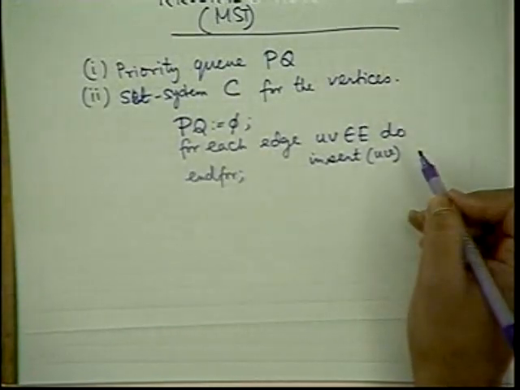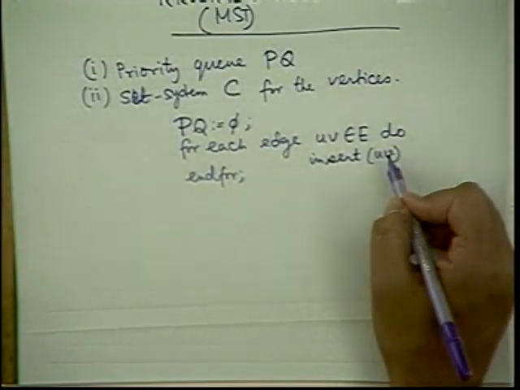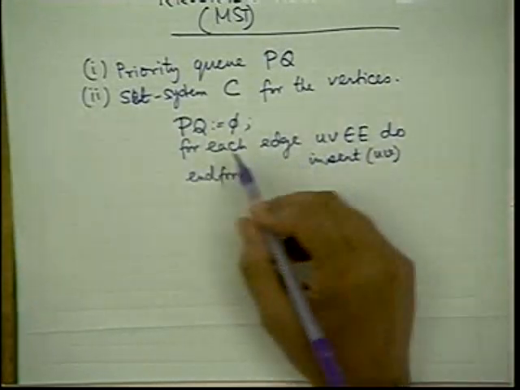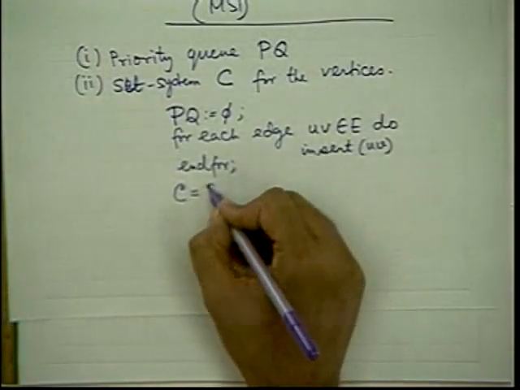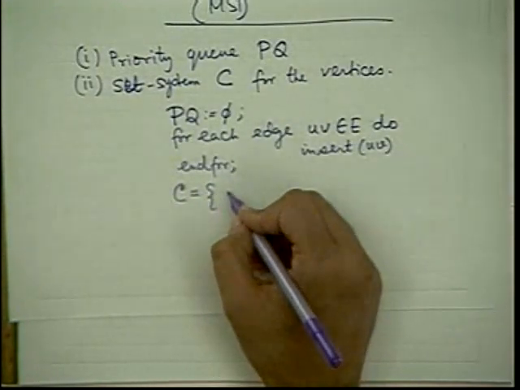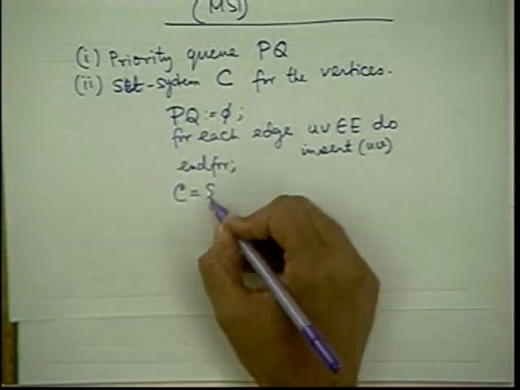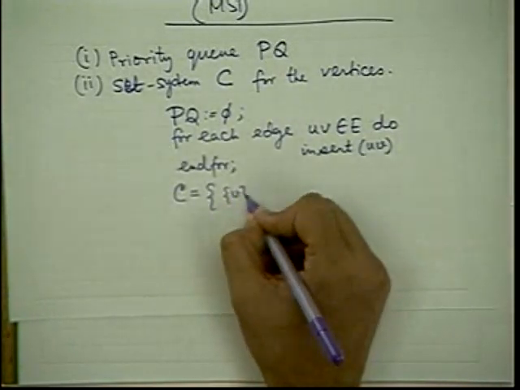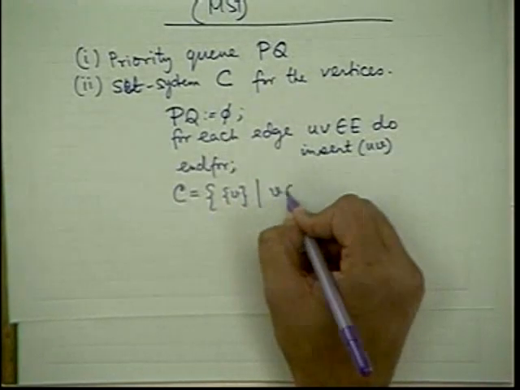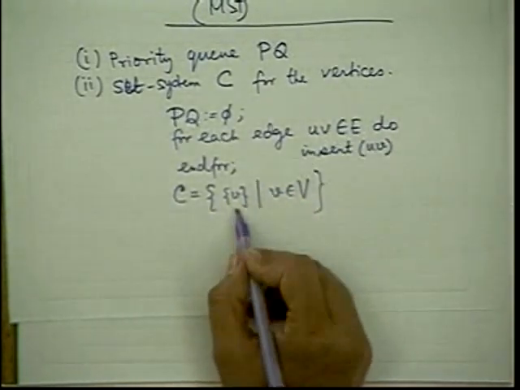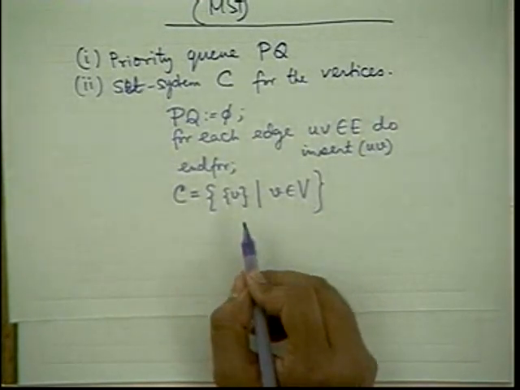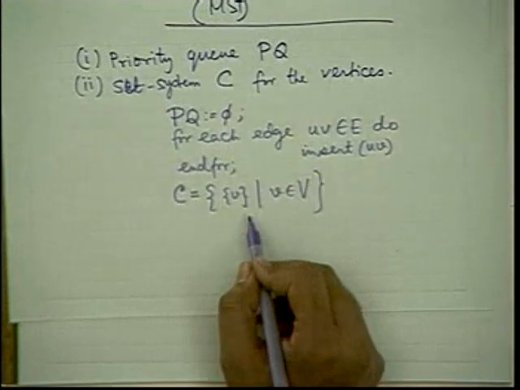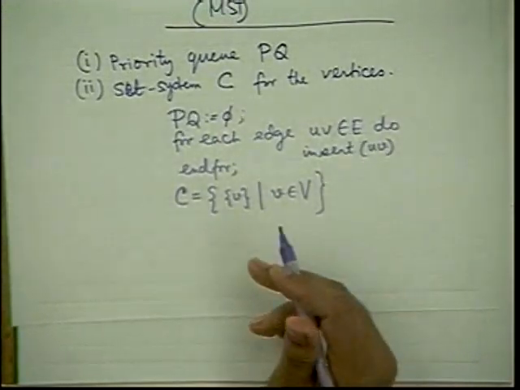Its weight. Using the weight of uv, you insert it into the priority queue PQ. So that's the initialization. And what is the initialization for the set system C? Initially, each set has only a single vertex v, so it's a set {v} such that v belongs to V. So each set is a singleton set initially. Each vertex is a set itself. So C is a set of all those sets.